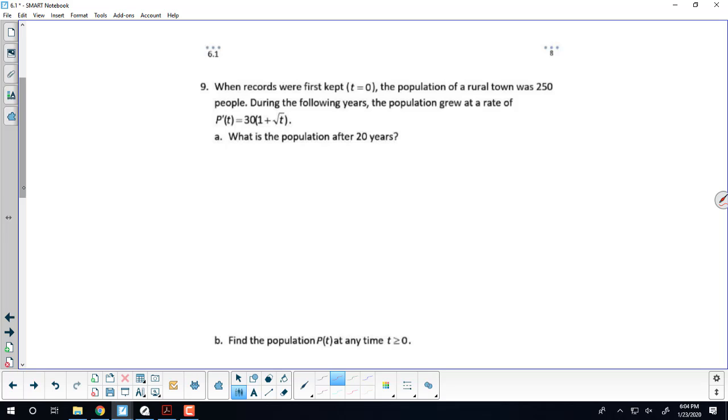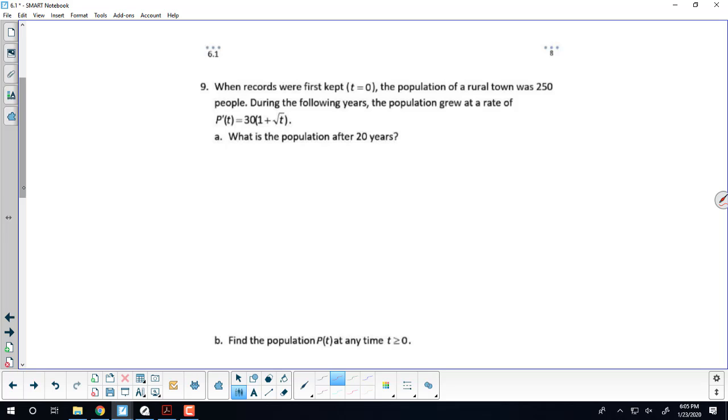When records were first kept, t equals 0, so the initial population was 250 people. And during the following years, we're given this growth rate. So p prime of t is the population growth rate, not the population. They want to know what is the population after 20 years, and the second part is to find the population at any time.